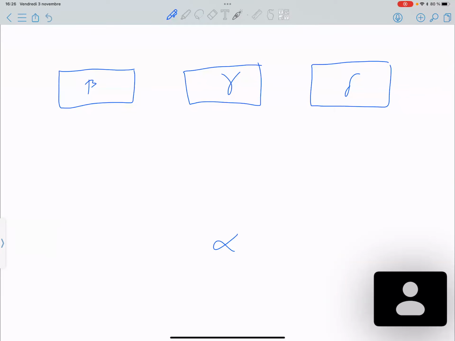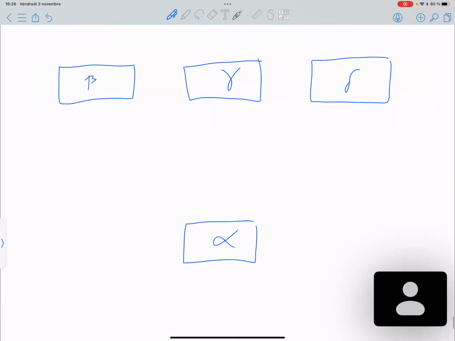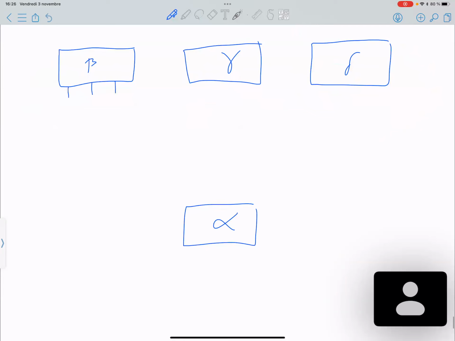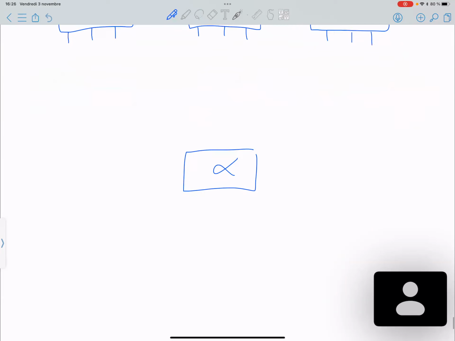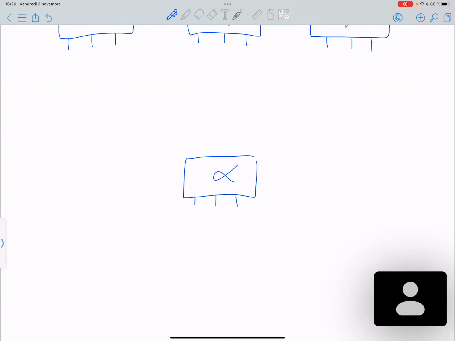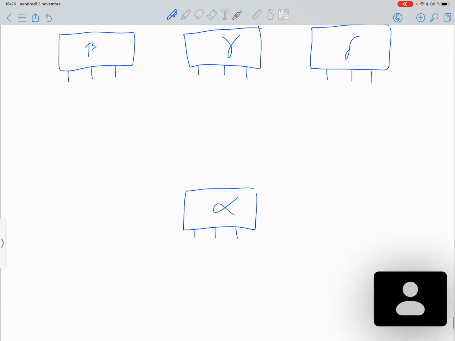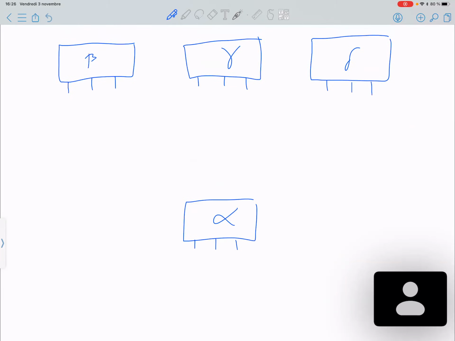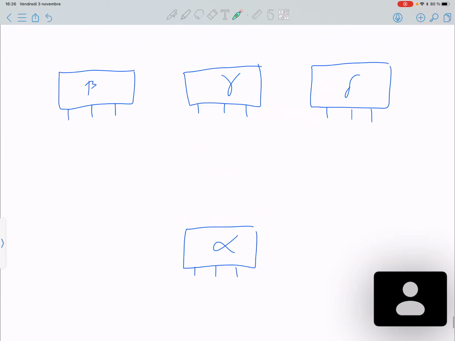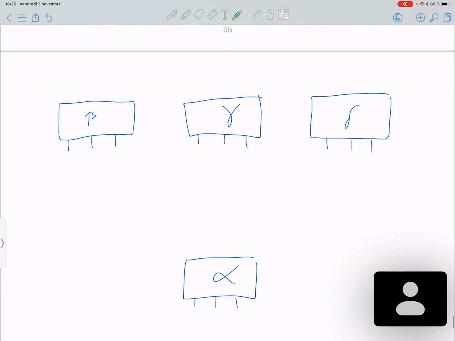Alpha. Okay. So, in fact, you will have a modification only here. All the other things will be the same. So, let me draw the modification first.